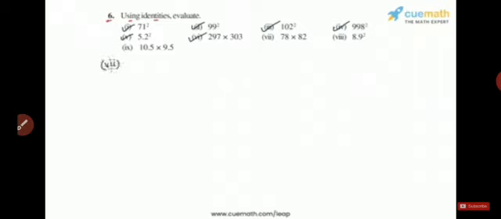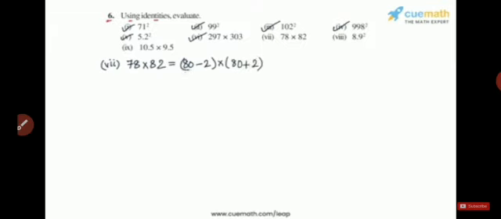And now look, seventh part, 78 and 82. These two numbers are nearer to 80. Then we write it as 80 minus 2 in the bracket and 80 plus 2.